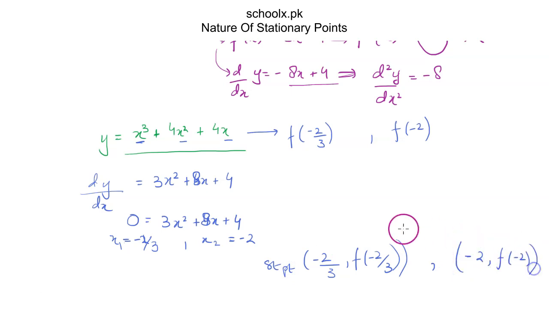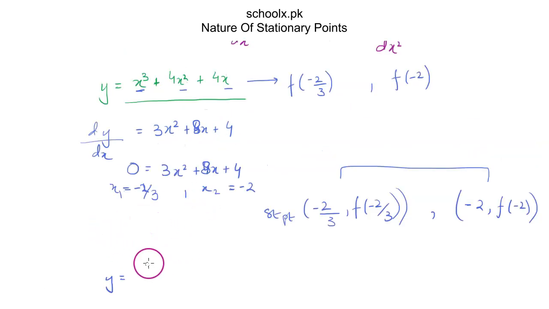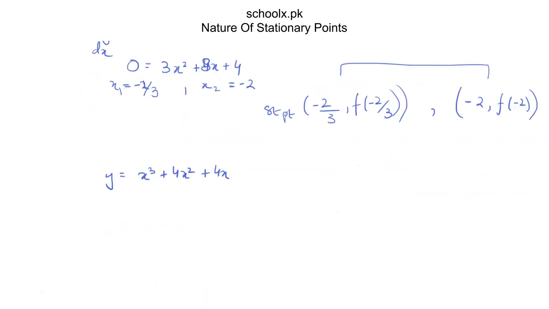Now we don't know which one of these two is the maximum or the minimum. For that we have to take the double derivative of the function. Our function was y equals x cubed plus 4x squared plus 4x. The single derivative gave us 3x squared plus 8x plus 4.